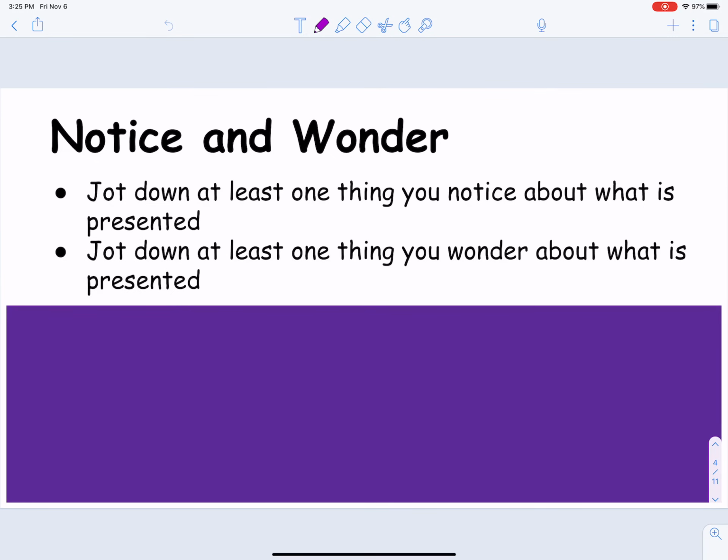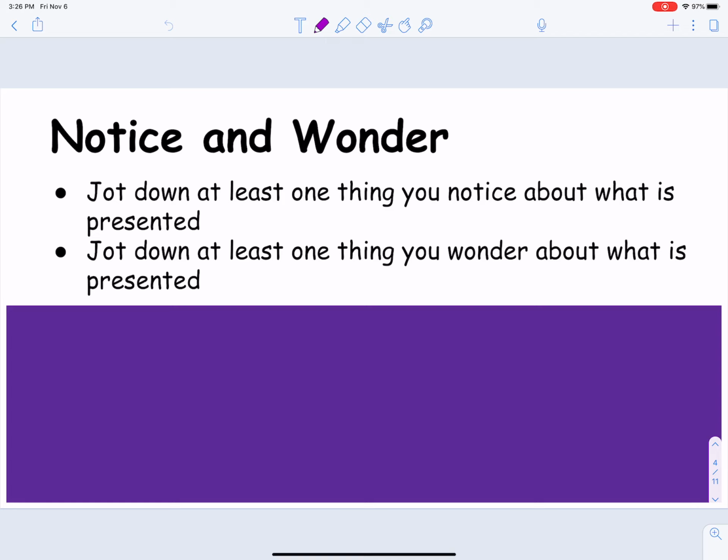I generally start with a notice and wonder. And notice and wonder is a low floor, high ceiling math routine that really allows an entry point for all learners into the lesson and helps activate prior knowledge. So I usually say, jot down at least one thing you notice about what's presented, and jot down at least one thing you wonder about what is presented.